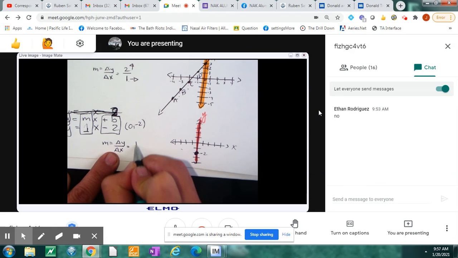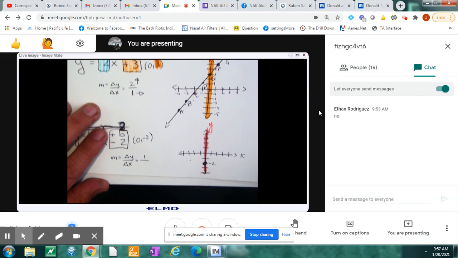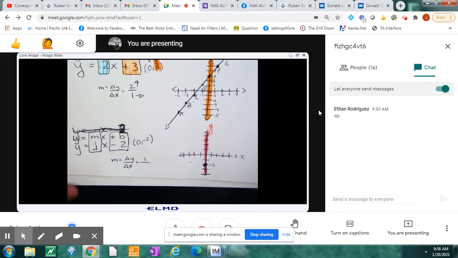Now your m, again, change in y over the change in x. So it's 1 over what? What is it going to be? 1 over what? Anybody? Come on, guys. Show me that you're awake. Nobody? Or type it in. Anybody? 1 over what? Oh man, tough crowd. No, 1 over 1.